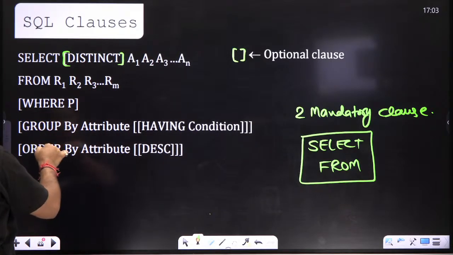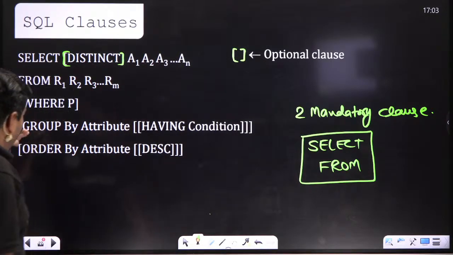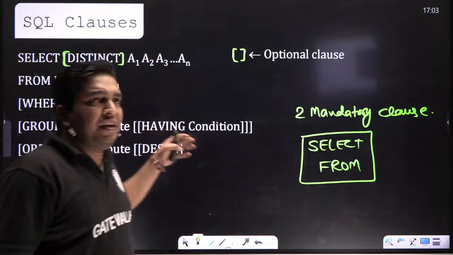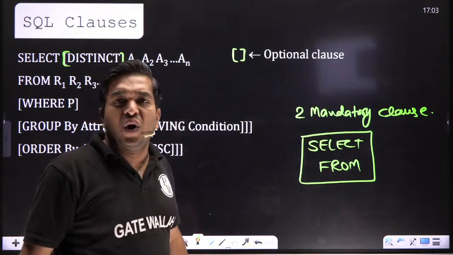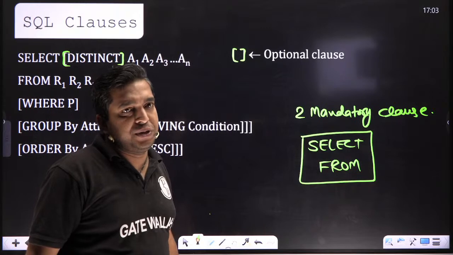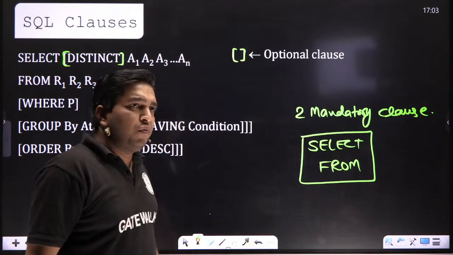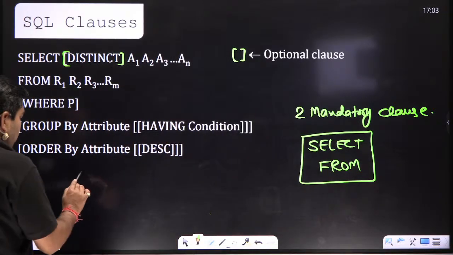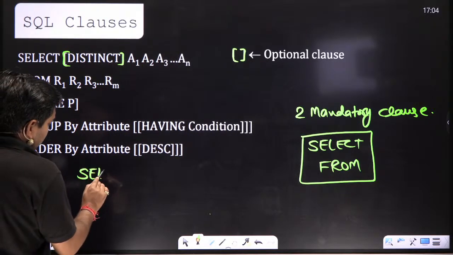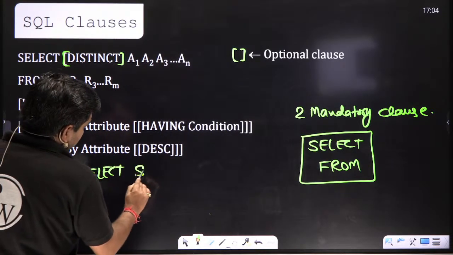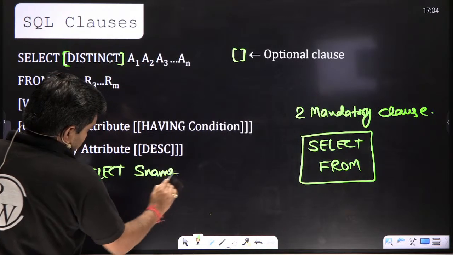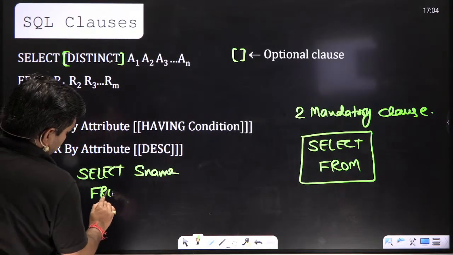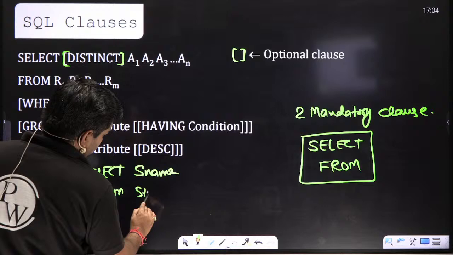Where, group by, order by, having, all are optional. Why? For example, assume you want student name only: select student name from student table. That's all.